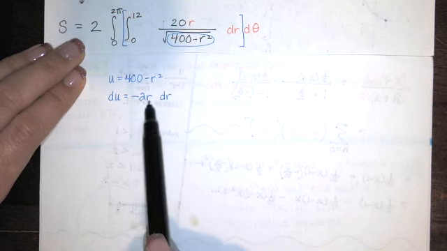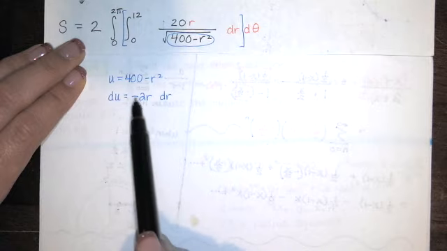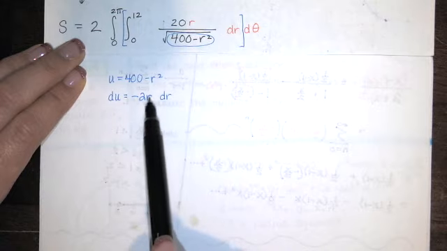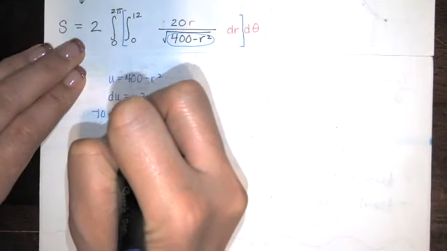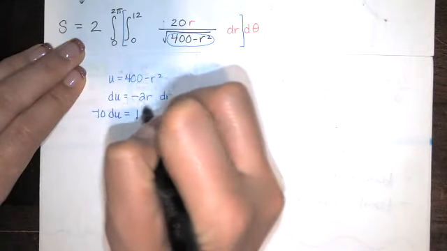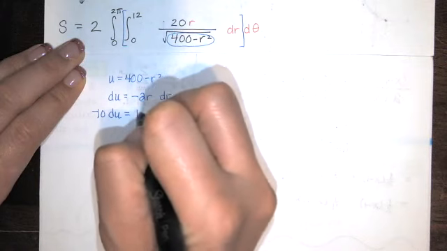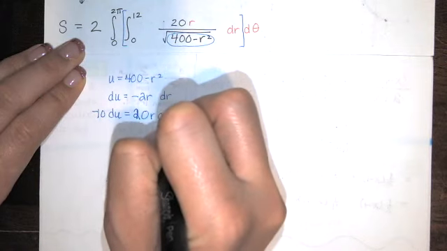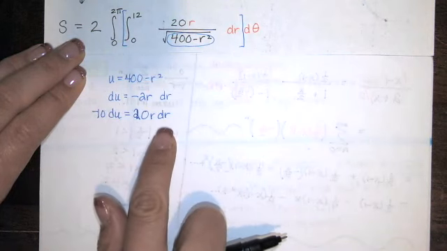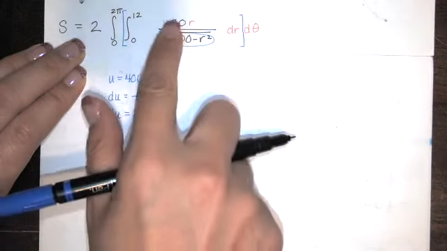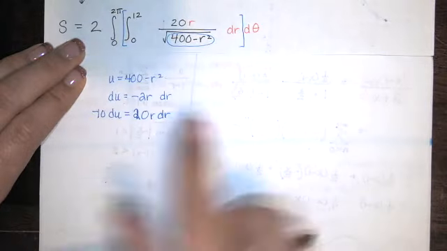If I want this to be a 20r dr, I'd need to multiply both sides of this equation by -10. Of course, we're doing that because whatever we do to the left-hand side, we've got to do to the right-hand side. -10 times -2 is going to be that positive 20 that we wanted. So you have -10 du equals 20r dr. So this 20r dr can be replaced by -10 du.